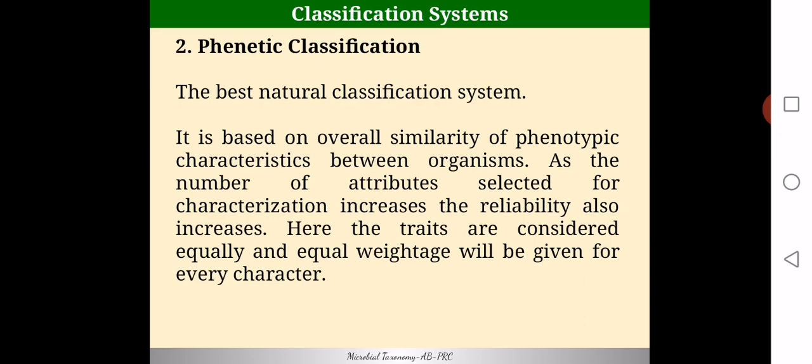And in this classification system, each trait, that means each character, will be given equal weightage, right? If you take the gram staining nature, the motility, the presence of capsule, the synthesis of endospore, in all those characters when we analyze, each of them will be given equal weightage, right?